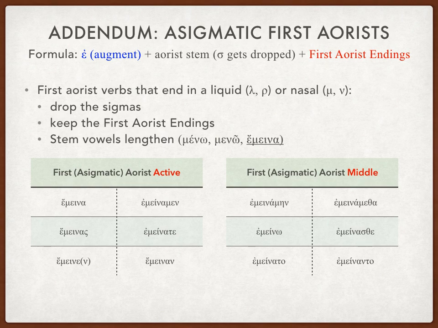For verbs that end in a liquid, that's lambda or rho, or a nasal consonant, typically nu, occasionally mu, the sigma is going to drop out, but you're going to keep the first aorist endings and just lengthen the stem vowel. So for example, meno, which we already saw had a bizarre future meno, because it does not like to keep the sigma in that either, has the aorist emeina.